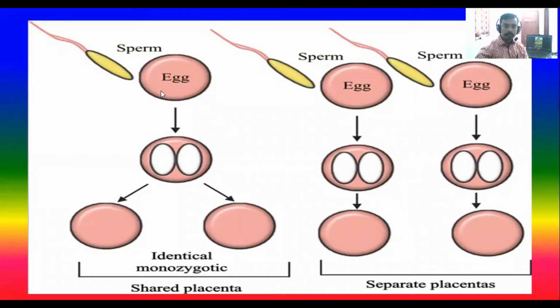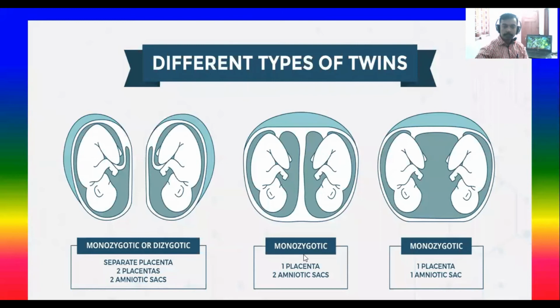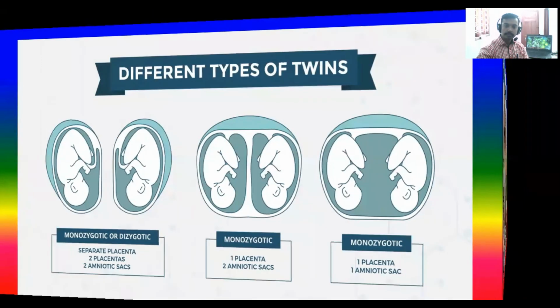Some more detail: the egg splits into two identical, and different. You will learn detail about this in maternal health. This is another type of twin. Look at this picture, twins.